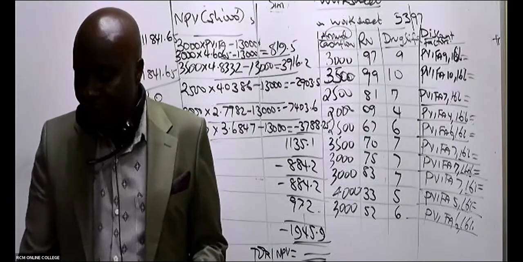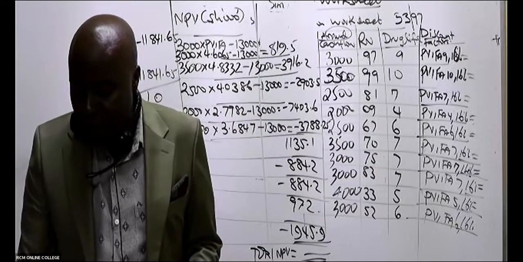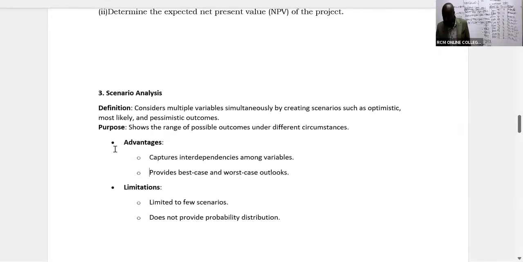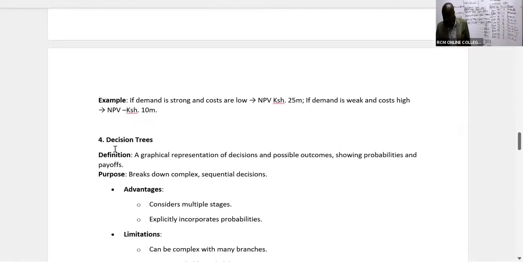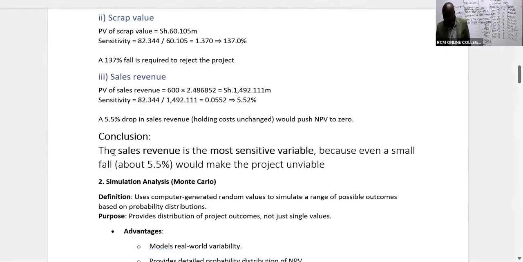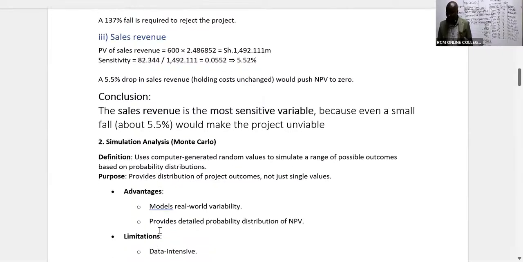Please don't forget to read some of those small things that I normally share with you. Like in this handout, you can see, you'll always get them in your theories. In this same handout, they're discussing the advantages of simulation: it models real-world variability, provides detailed probability distributions of net present value, many NPVs, many scenarios.